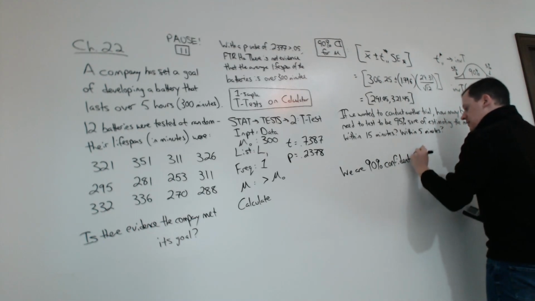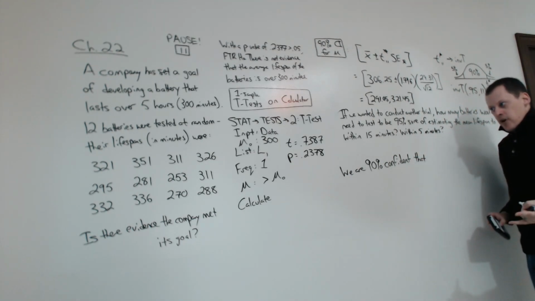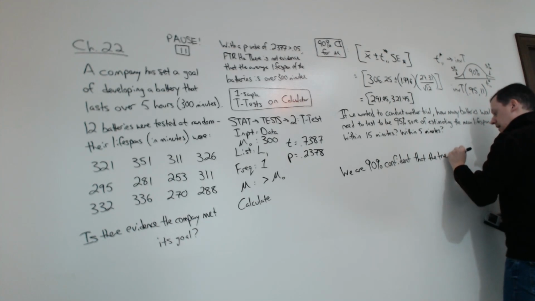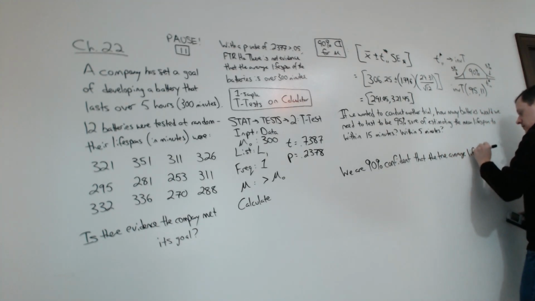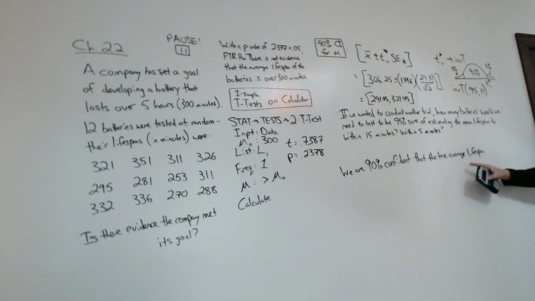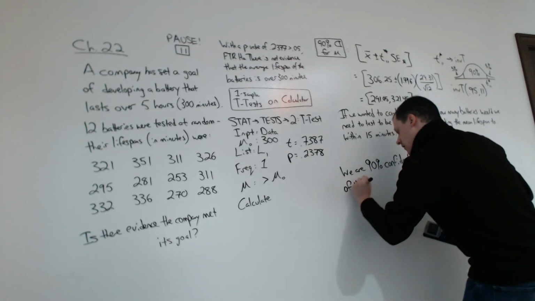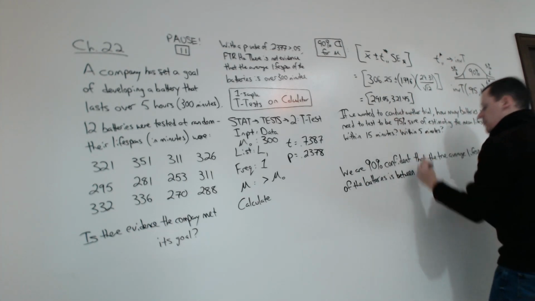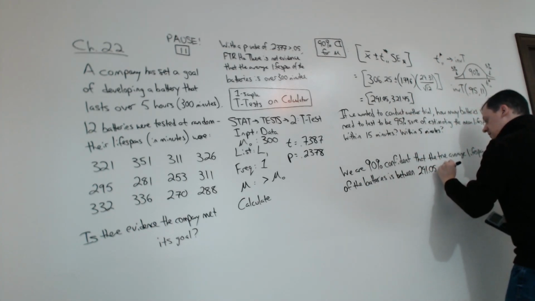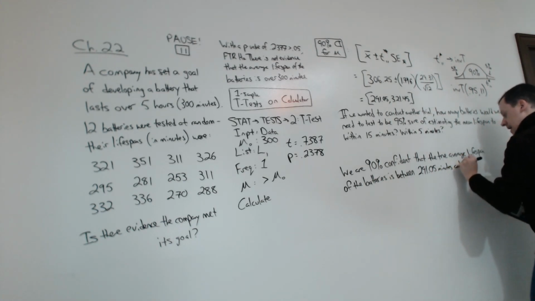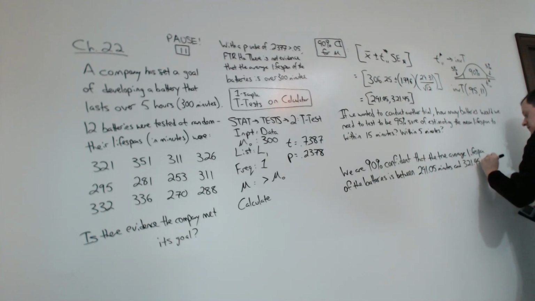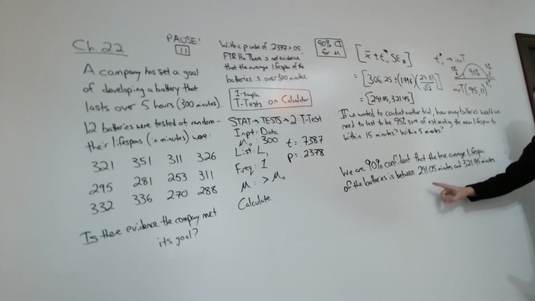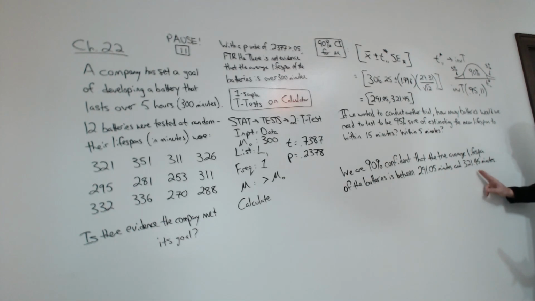We are 90% confident that the variable that we're interested in, the true average lifespan of the batteries, is between 291.05 minutes and 321.45 minutes. 90% confident that the true average lifespan of the batteries is between 291.05 minutes and 321.45 minutes.